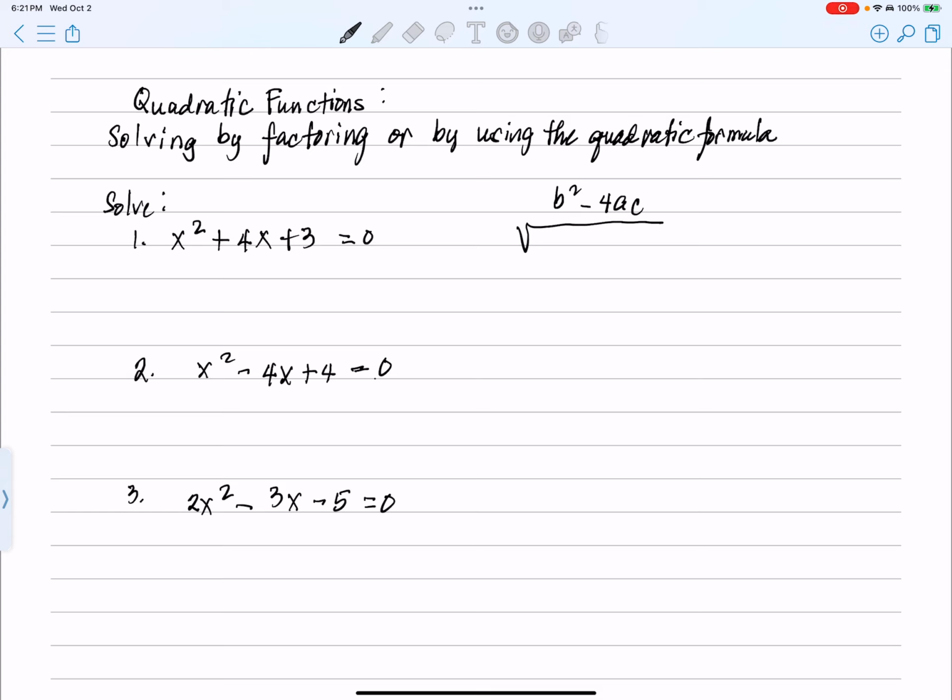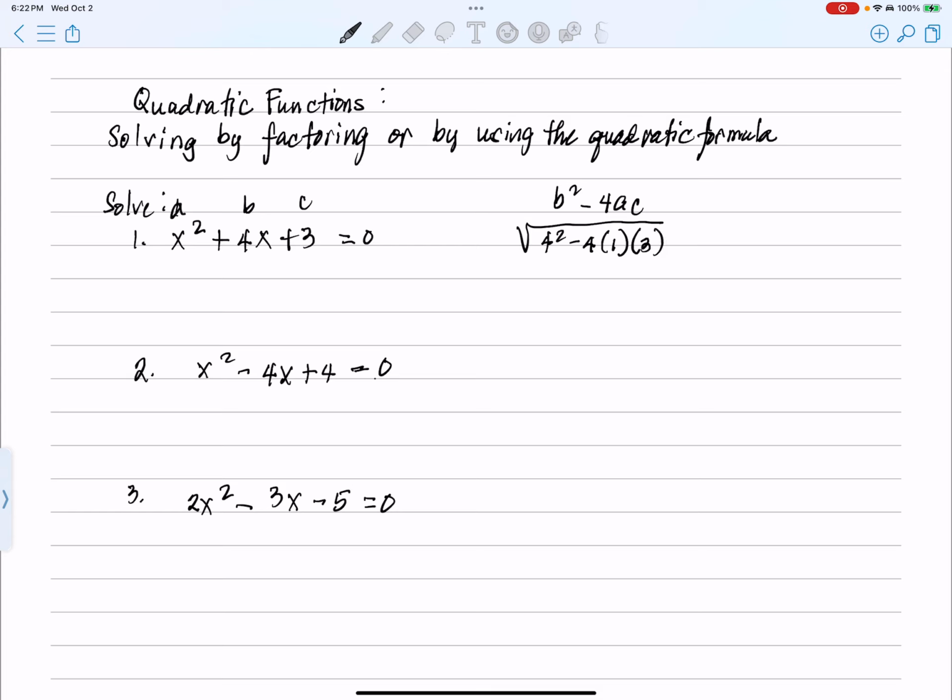So our b is 4, our c is 3, and a is 1. B squared is 4 squared, minus 4 times a, which is 1, and c, which is 3.